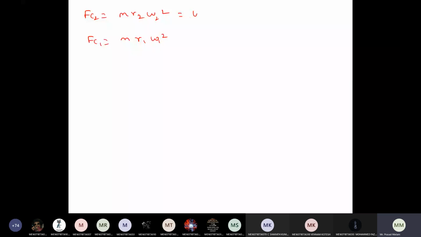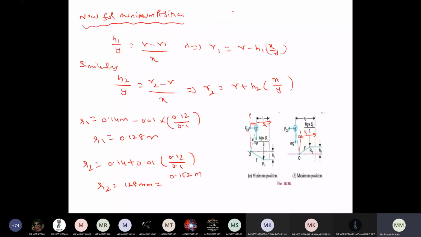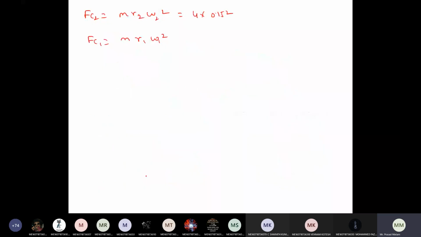You know the mass of the ball is 4 kg. Radius of rotation r2 I am getting as 0.152, 152 mm, into omega2 square.